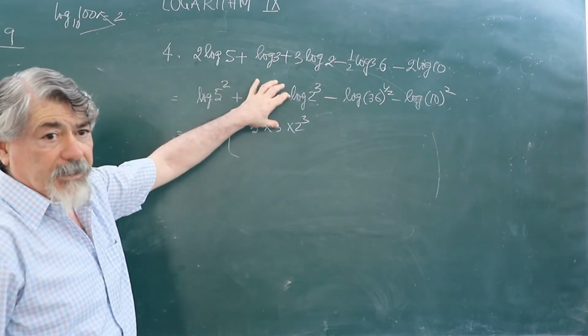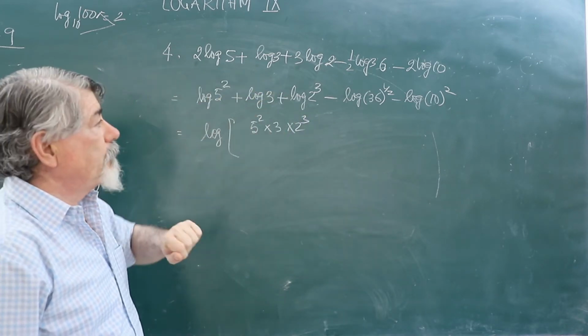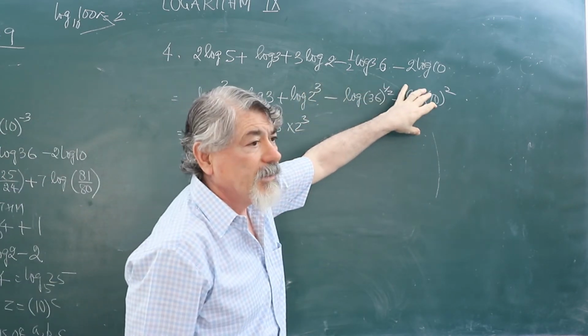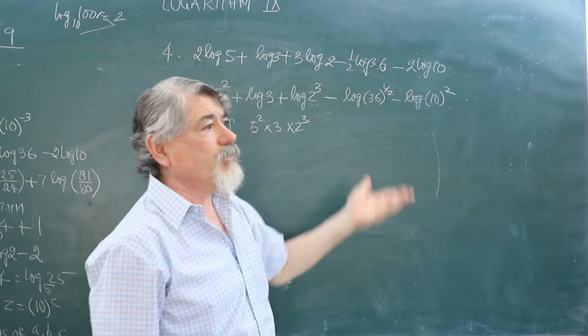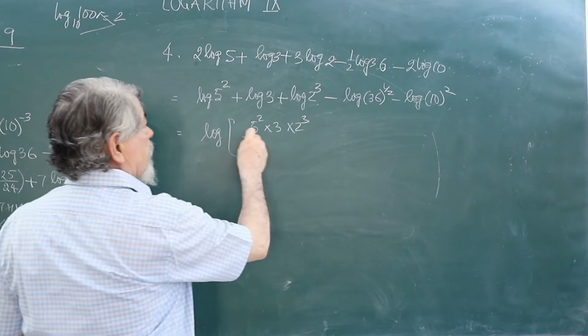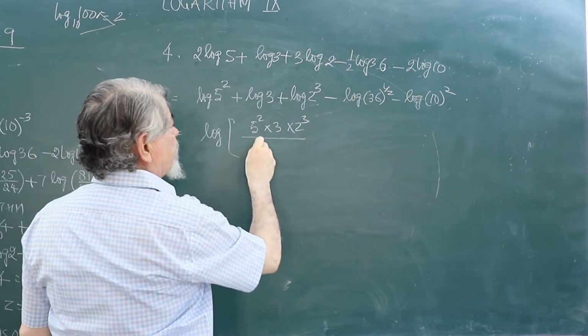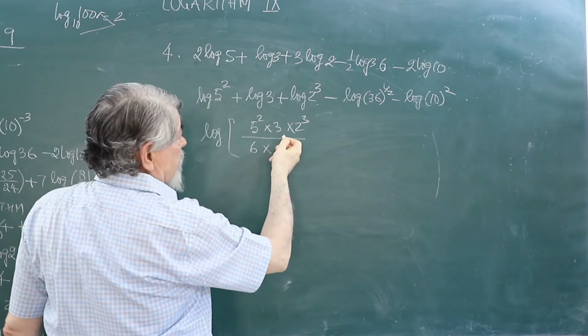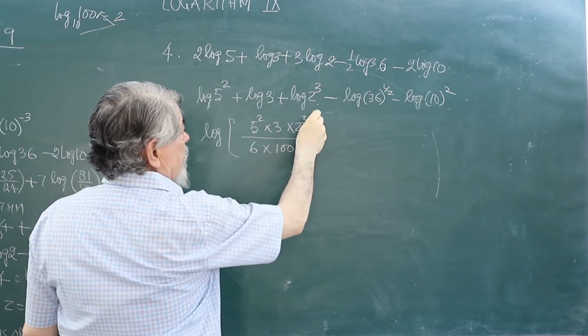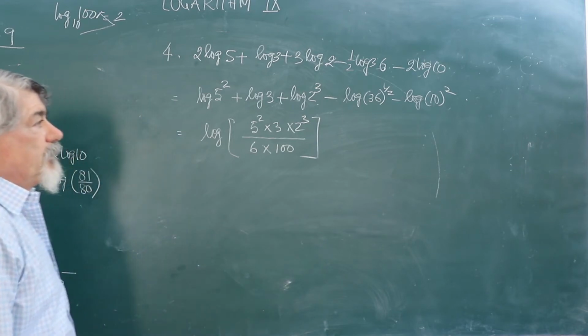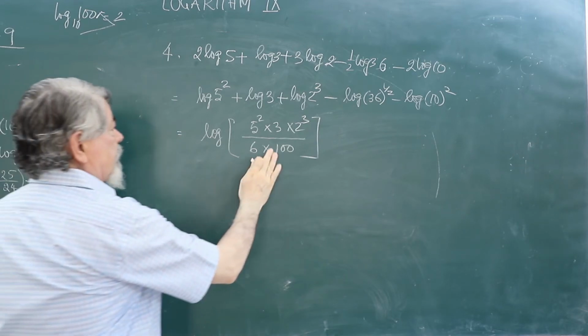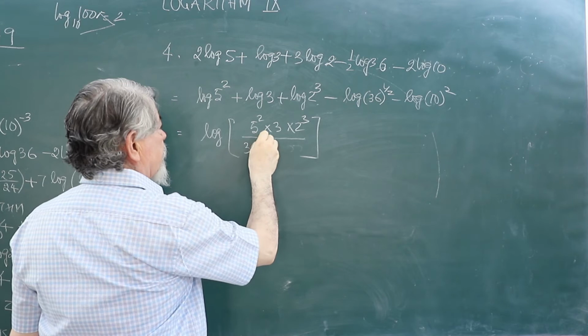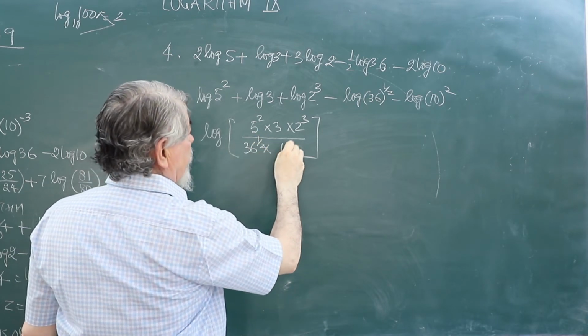Both of these are minus, and minus will convert into division. 36 to the power half means 6, and 10 to the power 2 means 100. 36 to the power half you can write here, so that there is no confusion, and 10 to the power 2.